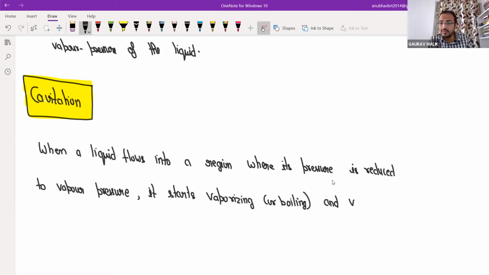In boiling, bubble formation takes place.